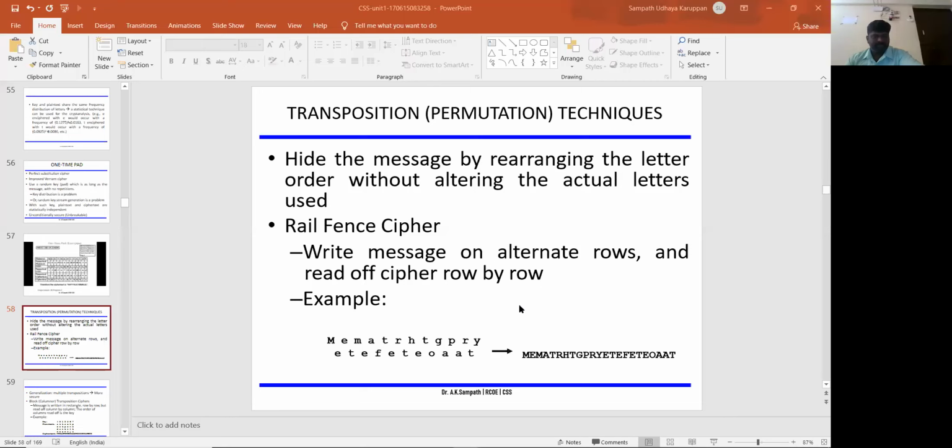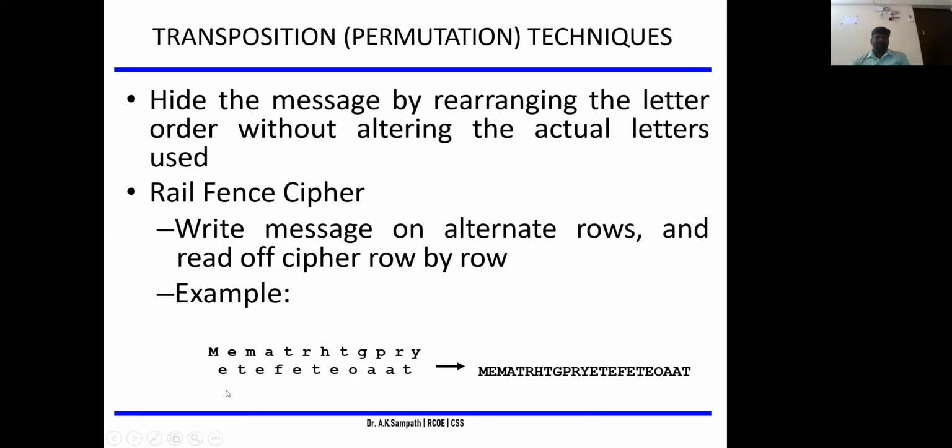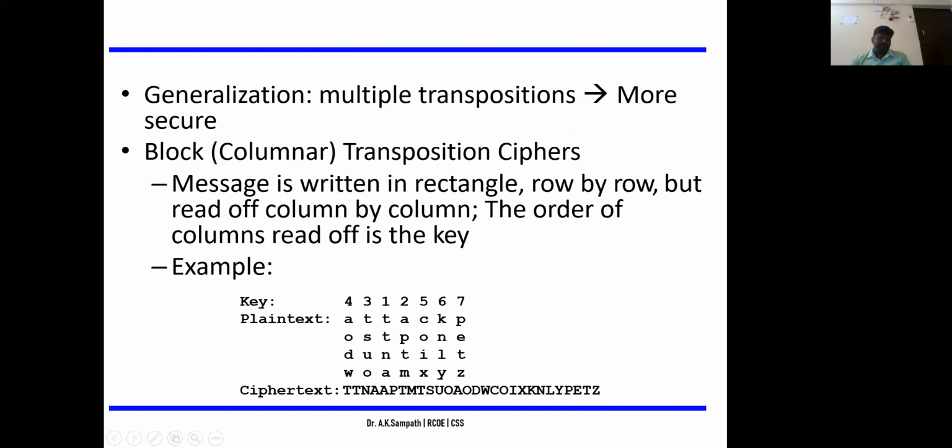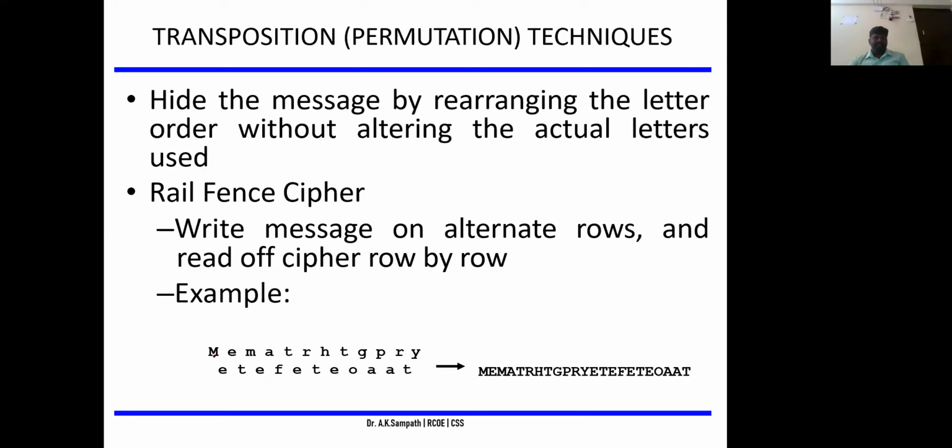Then you write it in two rows, and then you add these letters, and you will write in such a way that it reads: meet me after the toga party. This is a very simple technique, the rail fence technique.